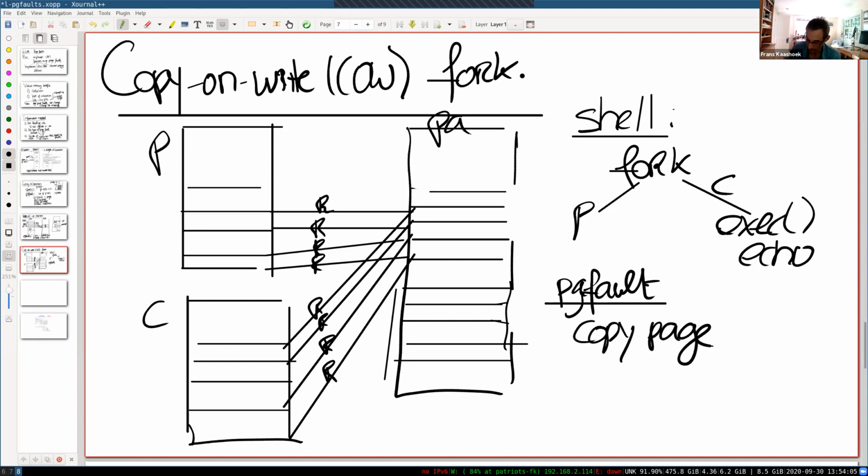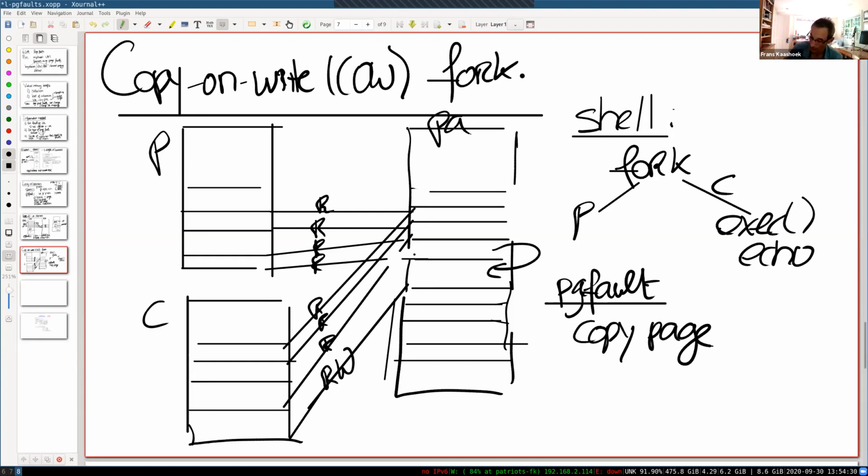And so let's assume that it's the child that actually does the store instruction. So we allocate a new page. We copy the content of the page that we faulted on into this new page. We map that page into the child, and this time we can map it read-write, because it's now a private page, only visible in the child's address space.